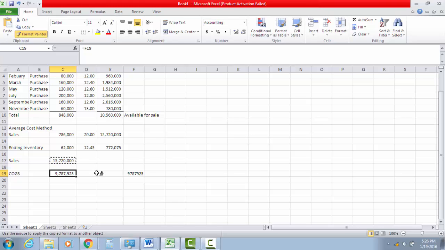And again, it all depends on how you round these items. If you're very close, then it's really just due to rounding.